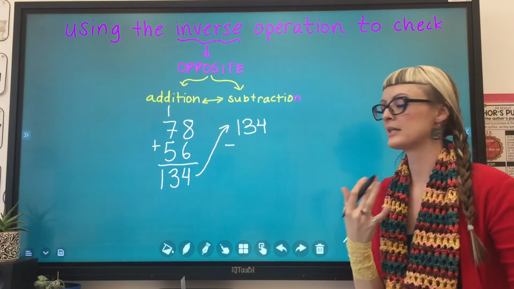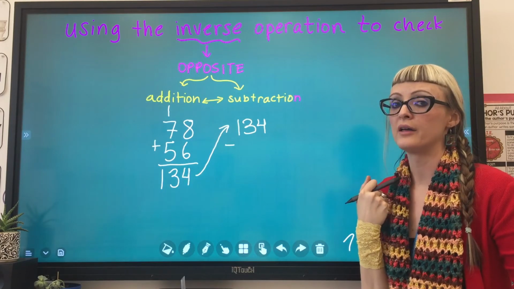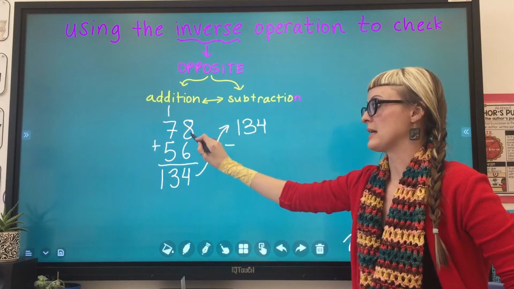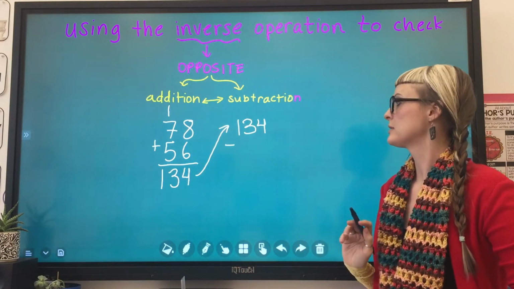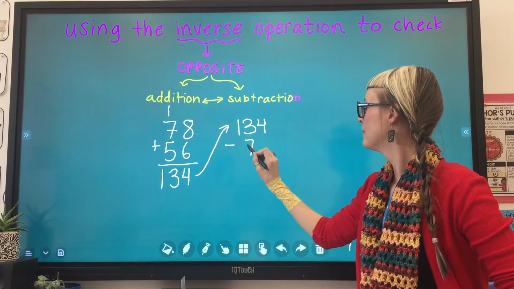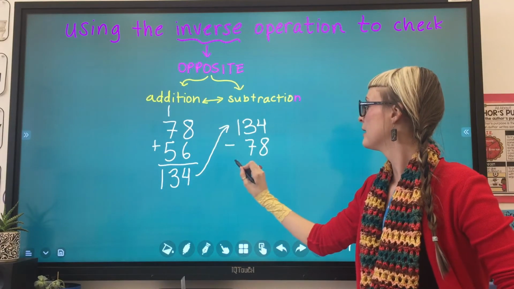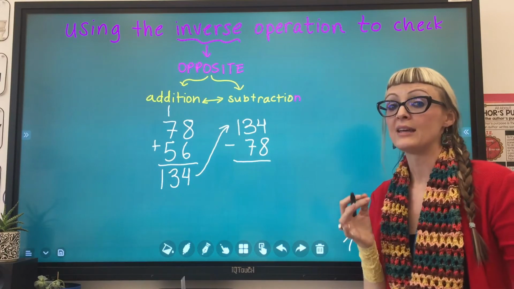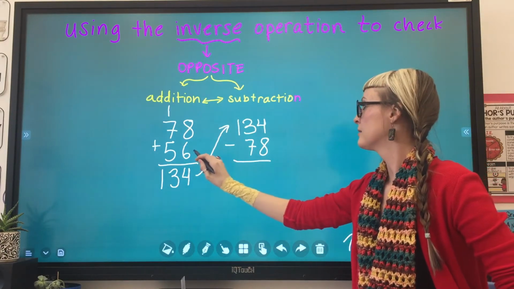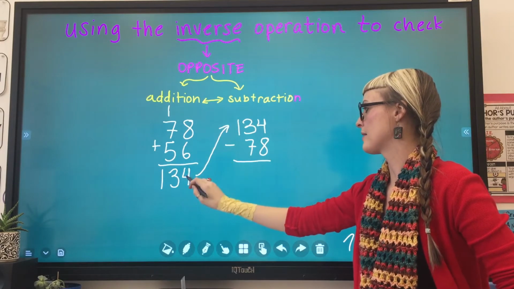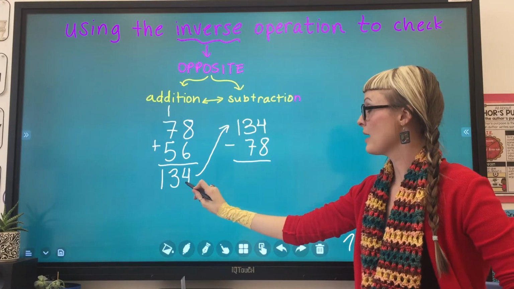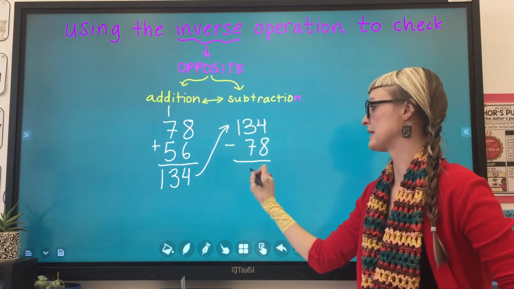If I'm doing a subtraction check, then I can subtract either one of these numbers. It doesn't matter which one I use. So I'm going to go ahead and subtract 78. Now, if my answer is correct, then I should get the last number. So I have 134, I have 78. If this answer is correct, I should get 56.